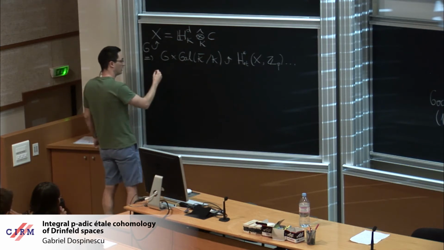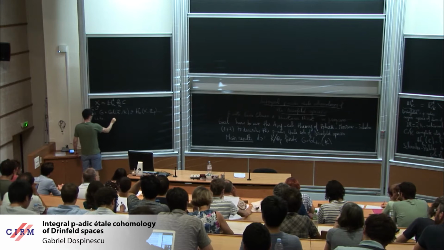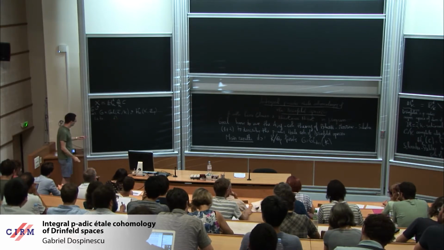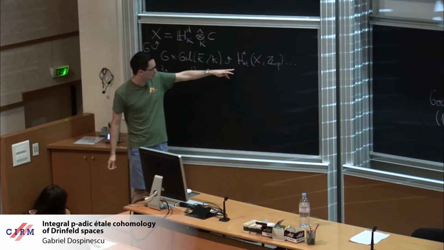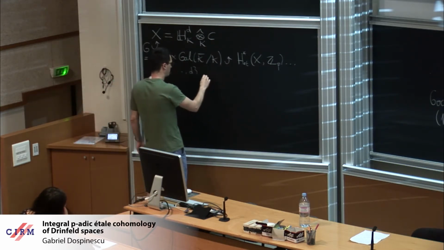Now, how does it work? Well, I need to take some cohomological degree i between 0 and d, and to construct some simple object that is supposed to be a candidate of this one. Well, as usual in this story, you have Steinberg representations.